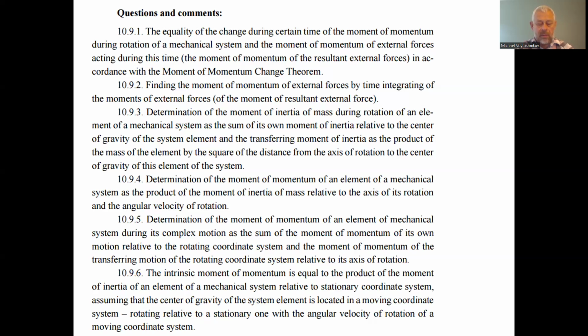10.9.6: the intrinsic moment of momentum is equal to the product of the moment of inertia of an element of the mechanical system relative to the stationary coordinate system, assuming that the center of gravity of the system element is located in a moving coordinate system rotating relative to the stationary one, and the angular velocity of rotation of the moving coordinate system. The intrinsic moment of momentum corresponds to the own inertia characteristics of an element of the mechanical system related to the stationary coordinate system.